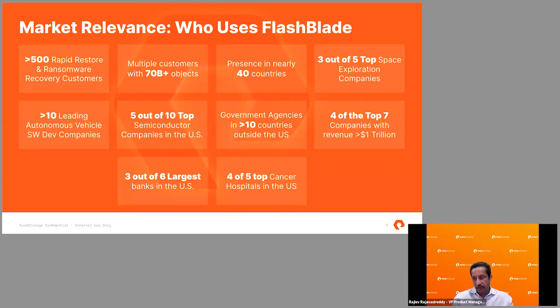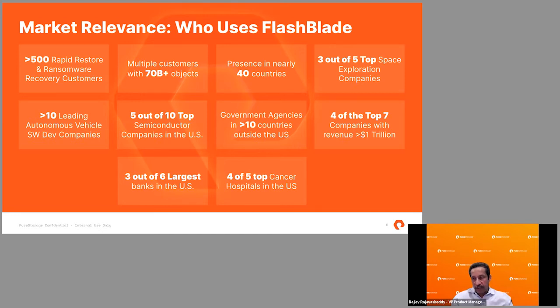The data protection part that you talked about is the top left-hand box, which is primarily used for fast recovery. And as Matt mentioned, ransomware has given us a little bit more of a boost in that area.